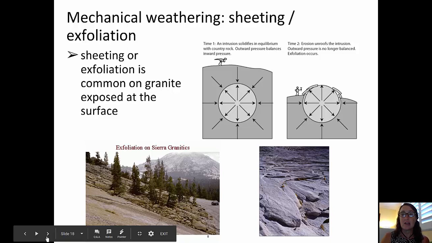So that granite can actually start to expand upward a little bit when the overlying rock material is removed. And as it does, it tends to crack or break off in sheets, those nice flat sheets. So in the bottom two pictures, you can see a typical scene on the left from the Sierra, probably someplace in Yosemite, and on the right of granite being sheeted or exfoliated.